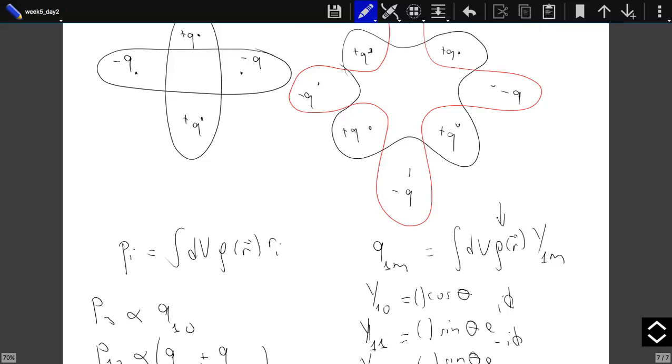Of course, it might also be that rho is such that the complex ones are 0, like if m is non-zero, the multipole moments can turn out to be 0. That is the case if the charge density doesn't have any phi dependence. Then the phi integral will just give us 0, unless m is equal to 0.